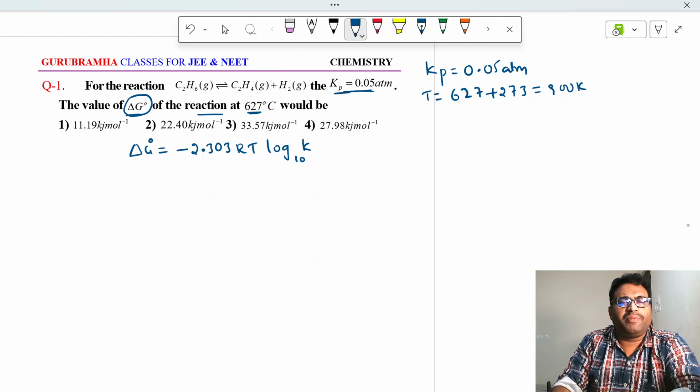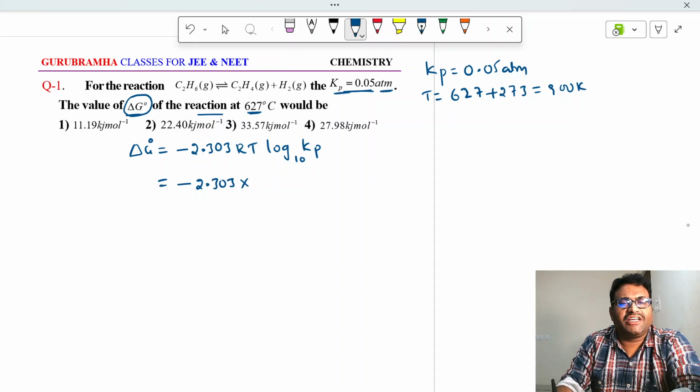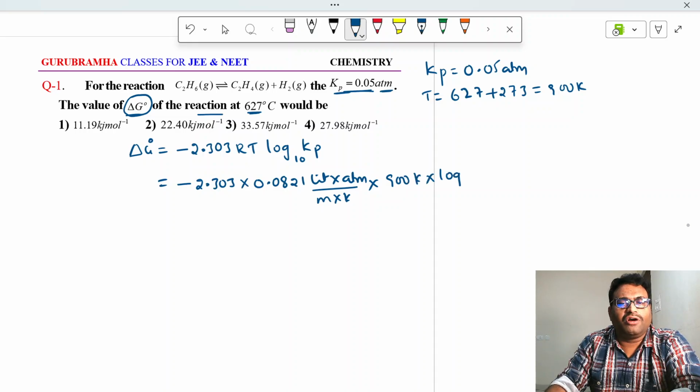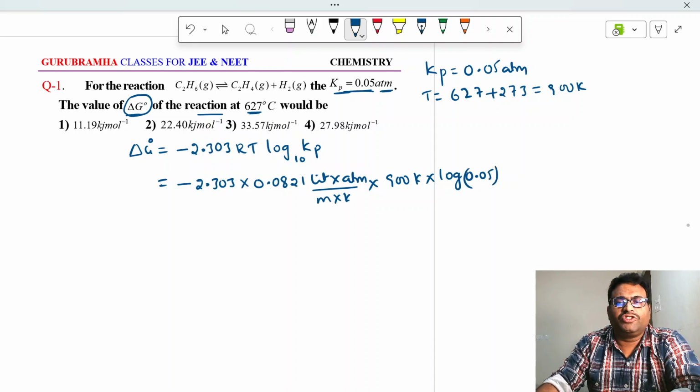Here Kp is given, so we get minus 2.303 into R. Since it is given in atmospheres, let us take 0.0821 liter atmosphere per mole per Kelvin, into temperature 900 Kelvin, into log Kp, which is given as 0.05.